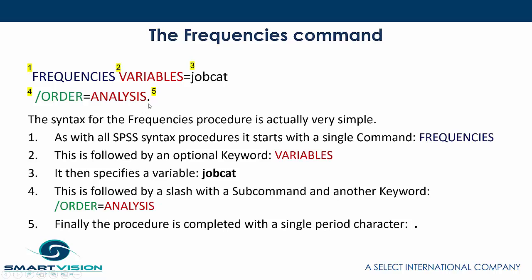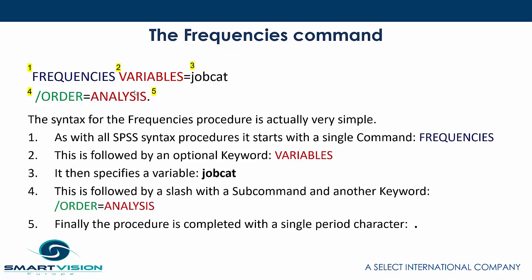Now, the thing that's really important here is frequencies, the name of the field, and the full stop, really. This other stuff here is, it's pasting it in, and they're effectively defaults. Slash order analysis just means the order in which the frequency categories are shown. So it tends to paste a little bit more syntax than we actually need.